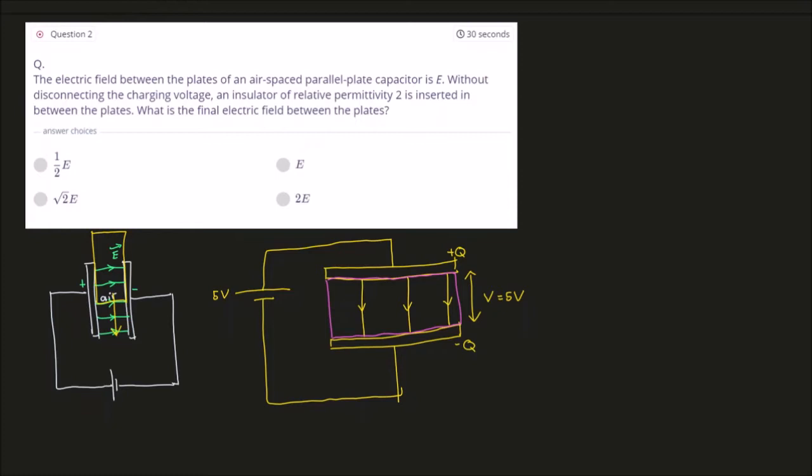So if you are forced to keep the potential difference constant, now your electric field is already reduced. How are you going to fix the situation? You are forced to bring in more charges than were previously at the plates. Let's say here there's still some negative charge and positive charge.